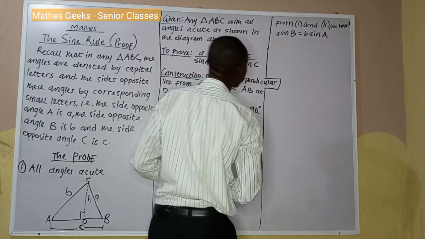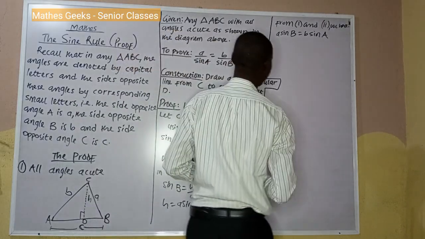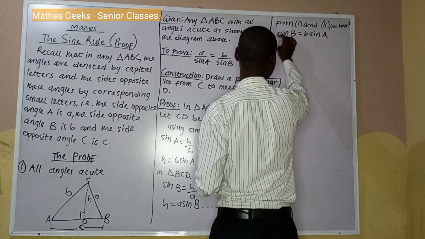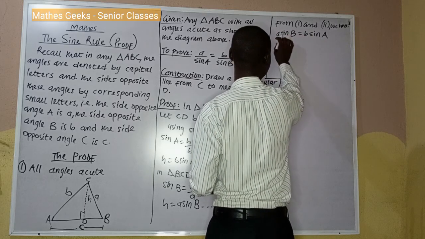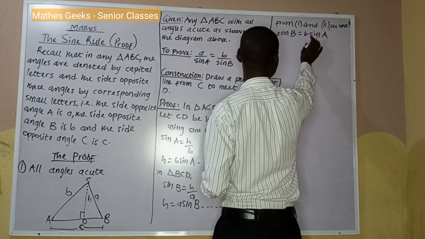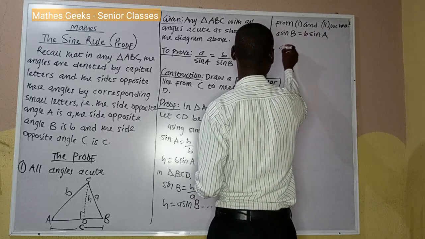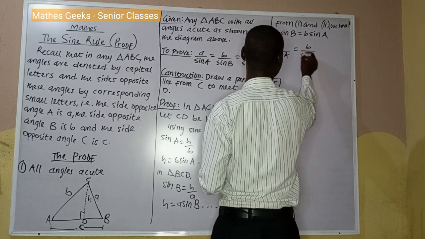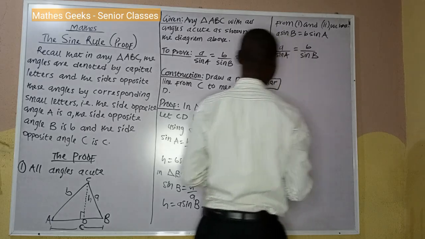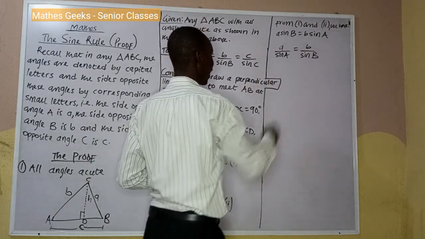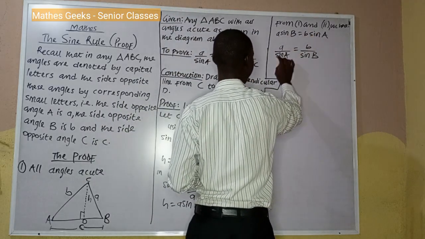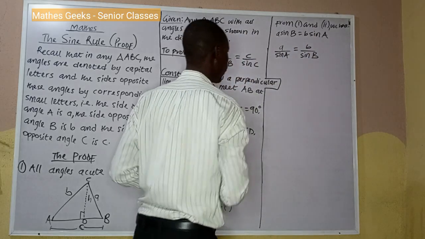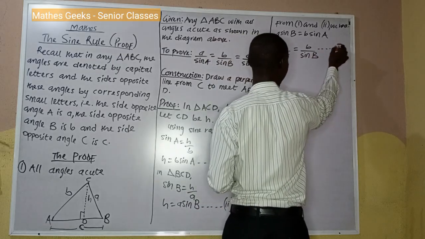So from here we can simply cross multiply, that is, divide by sine A and by sine B. This gives us a over sine A equal to b over sine B. When we cross multiply, we get this relation back. So let's call this equation 3.